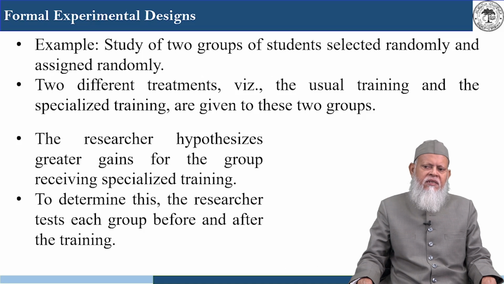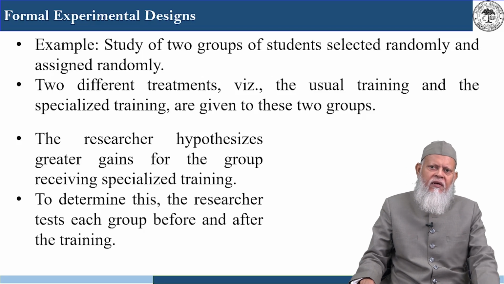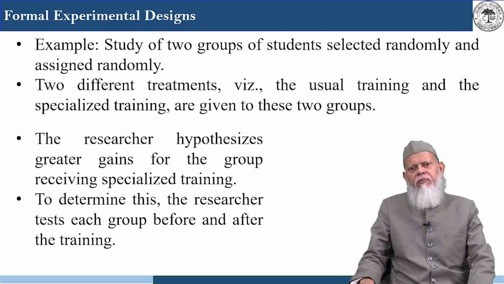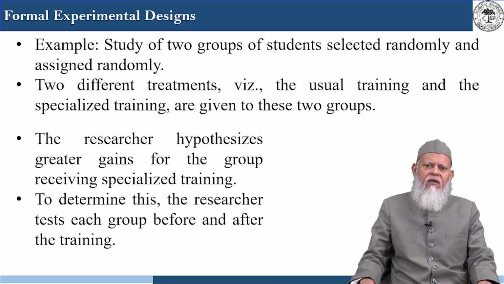Now, the researcher hypothesizes greater benefits, greater gains for the group who receives the new medicine. So, there is an experimental group who would be administered the new medicine, whereas there is a control group who would be administered the normal medicine.